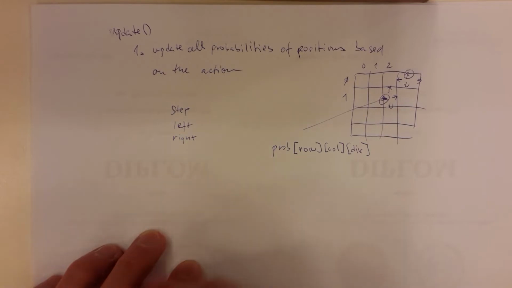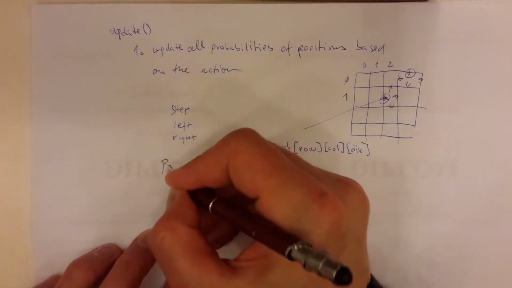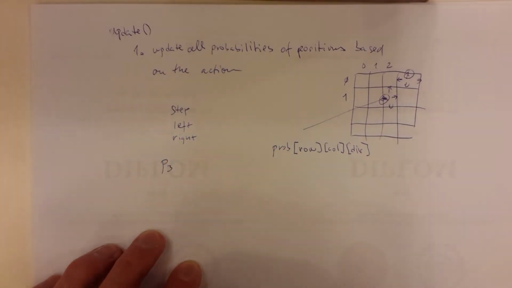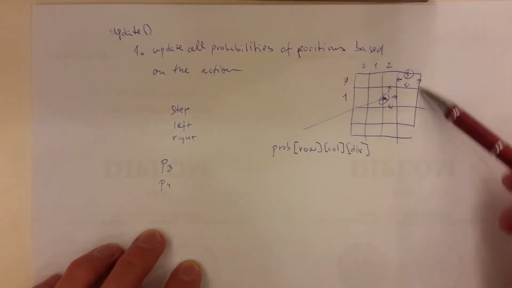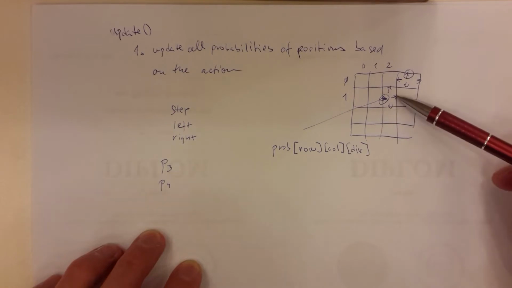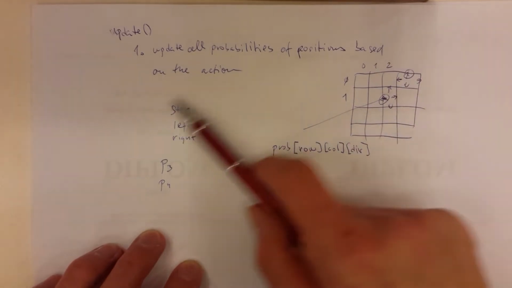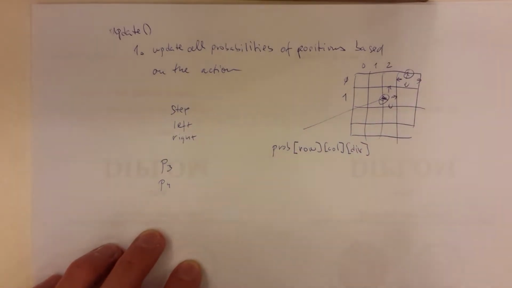We have this characteristic, P3, the probability that it makes a step if the command was make a step, and P4, the probability that the robot has turned left if the command was turn left. And so the first part of this update function is to go through all of them and update all of them to a new situation after this action has happened or maybe not.